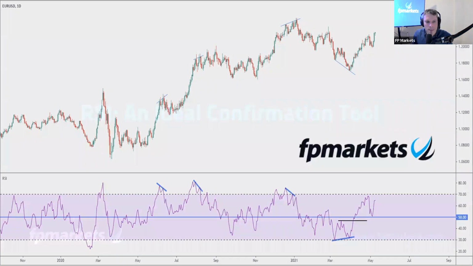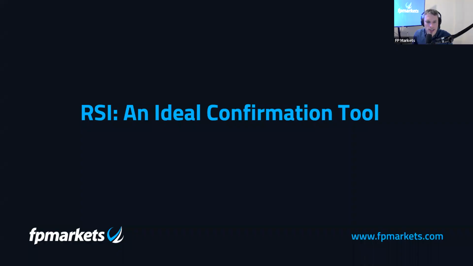Okay, now we've seen some of the ways in which traders interpret the RSI. I thought it would be good to round off with how we can really use the indicator in trading. I will start off saying, and this is just my opinion, using the RSI in isolation is not really something I would recommend.